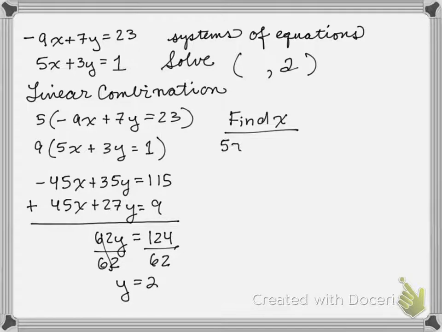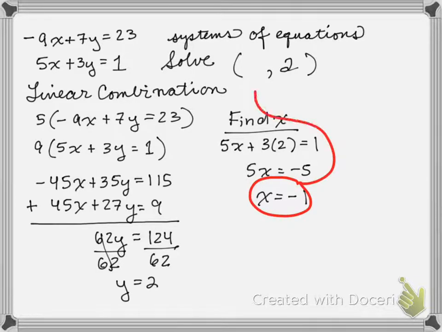That would be 5x plus 3 times 2 equal to 1, and then solving for x, 5x is equal to negative 5, and x is equal to negative 1. And of course, that x coordinate is going there, and that is my solution. That is the point where the two equations intersect.